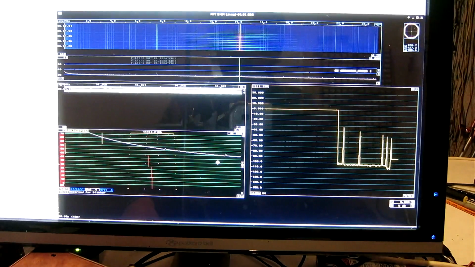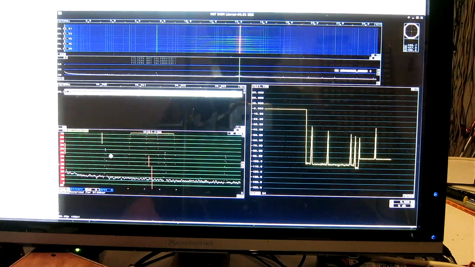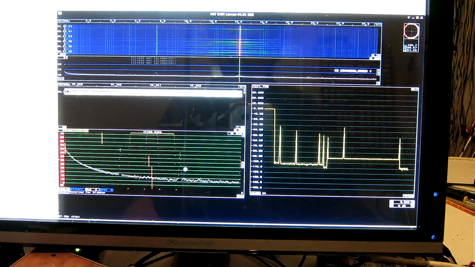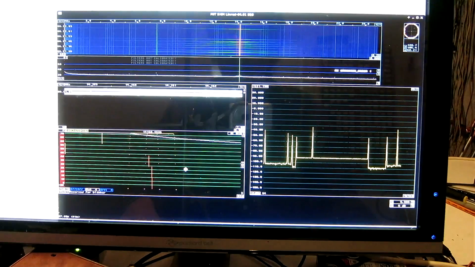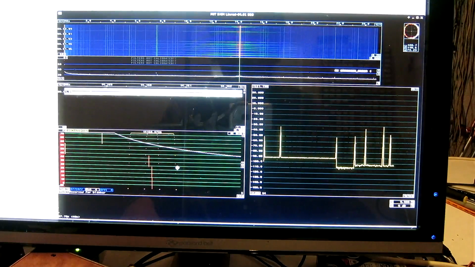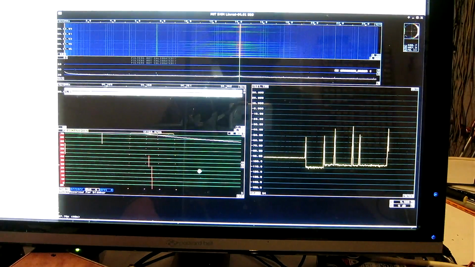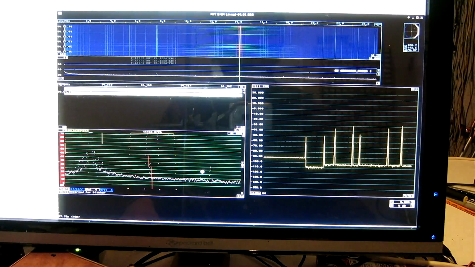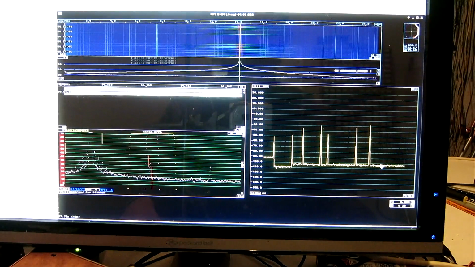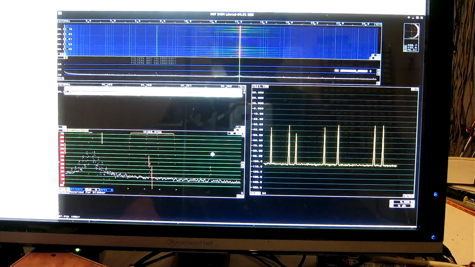These spurs come at regular intervals. These are the resampling spurs. And the level is in the order of 100 dB.